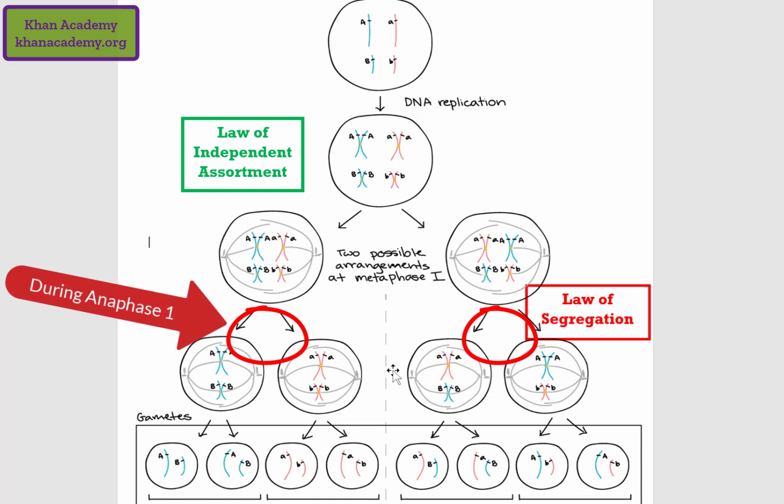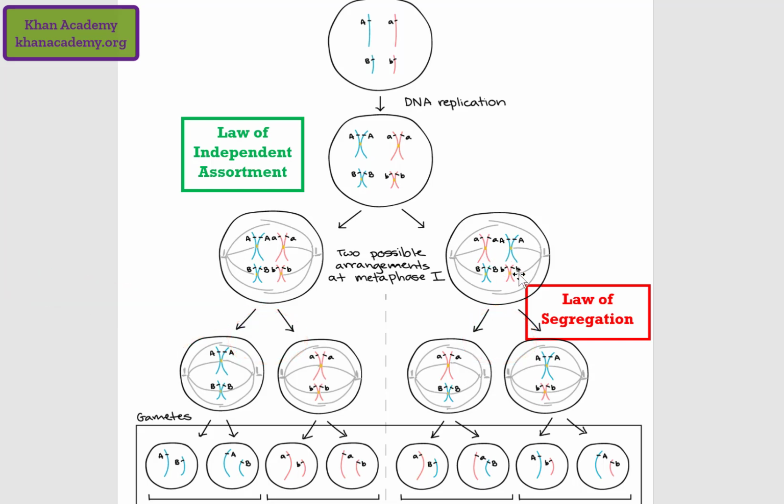During anaphase 1 is when the law of segregation occurs. And the law of segregation states that the homologous pairs segregate. They move away from each other. The tetrad is broken, synapsis is broken, homologous pairs are separated.